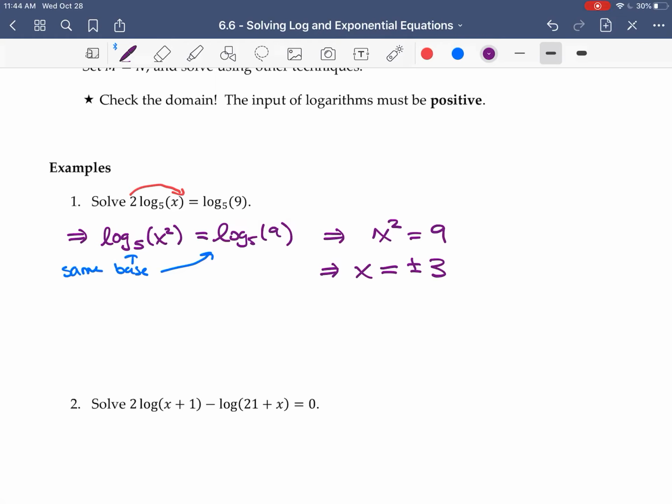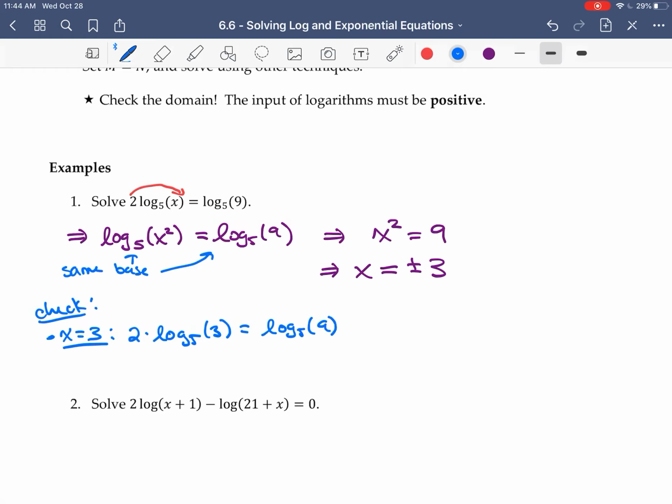Now I want to check our answers to make sure that they work. If x is 3, then I have 2 times log base 5 of 3 is equal to log base 5 of 9.